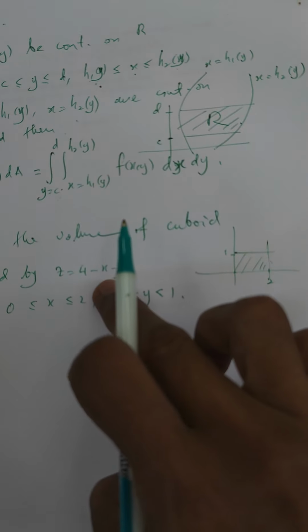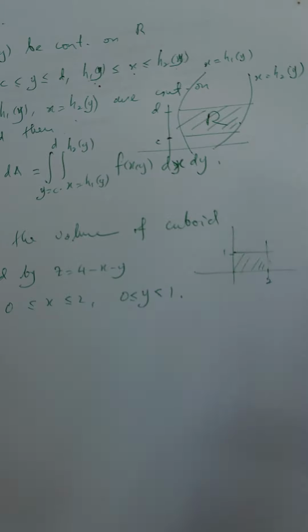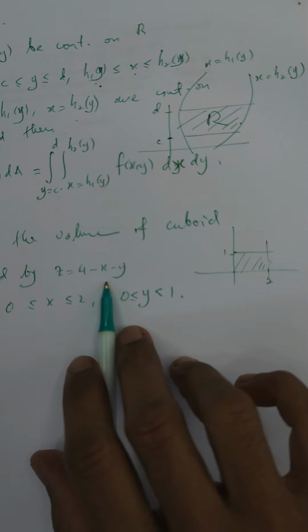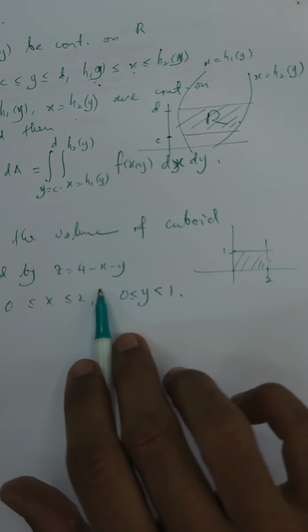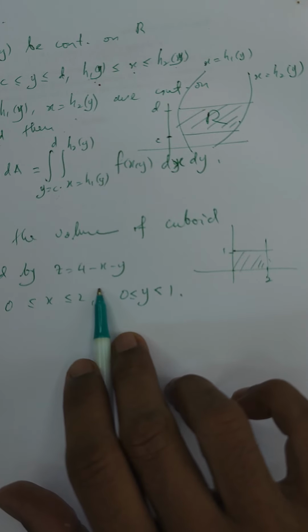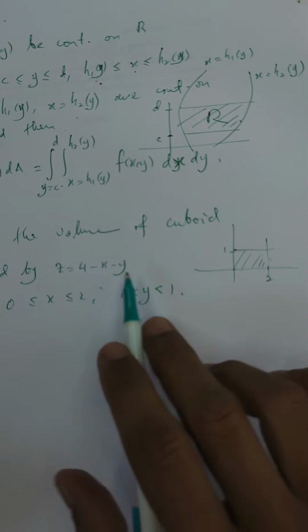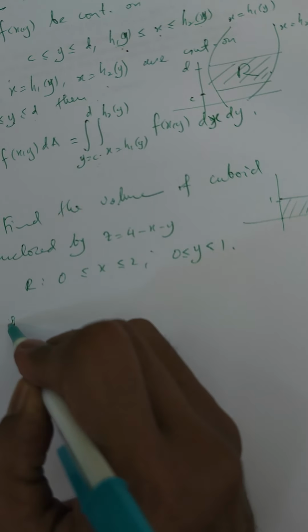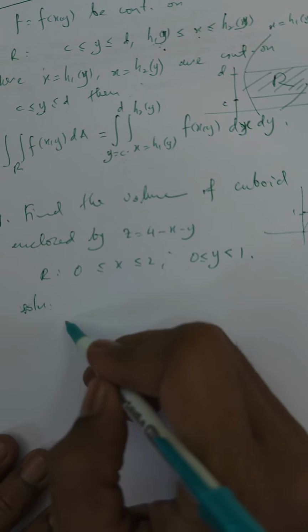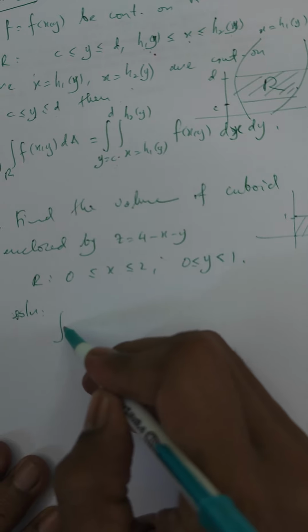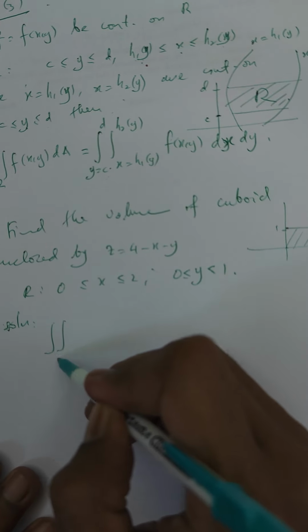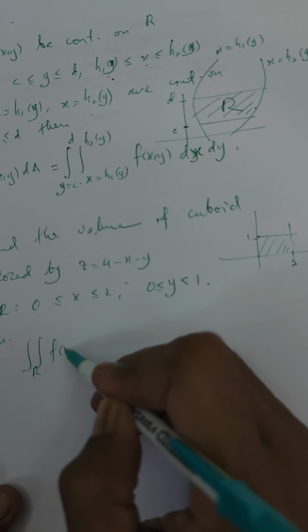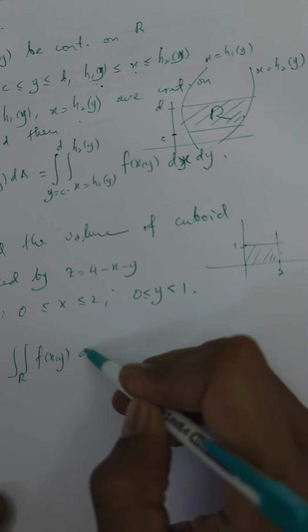Okay, and we have the surface z given by this. So you can consider this our function f(x,y). To find the volume, what we need to do is integrate over R f(x,y) dA.